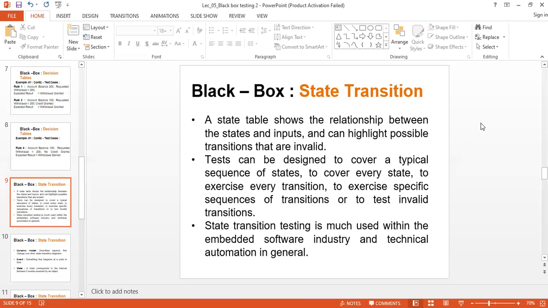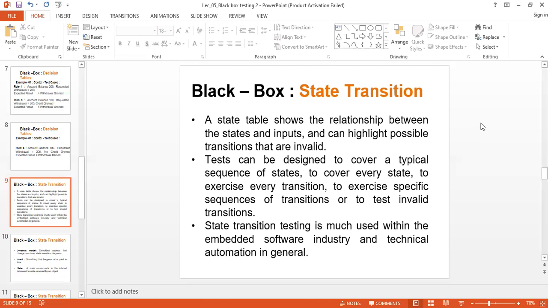So we have a special table called a state table. State tables represent the relationships between states and inputs, and in some cases the state table will also show which are the valid cases and invalid cases.